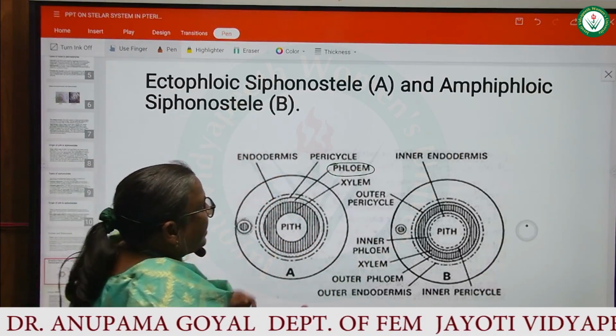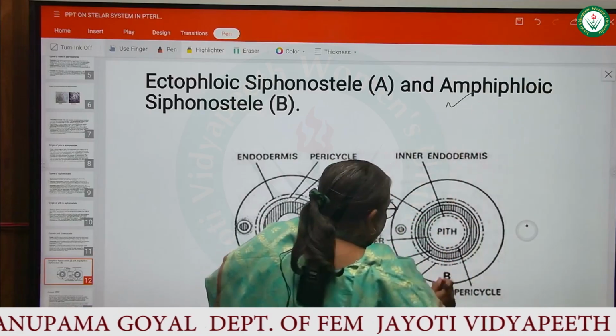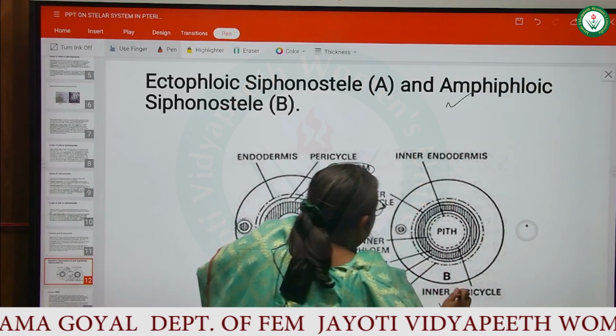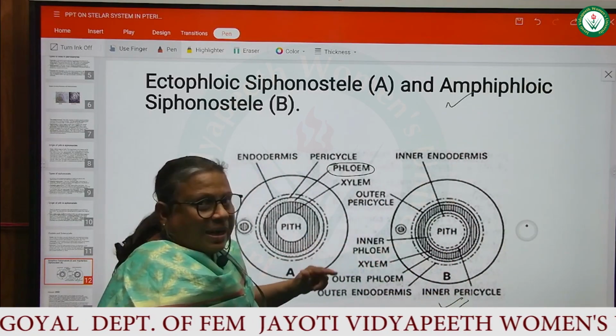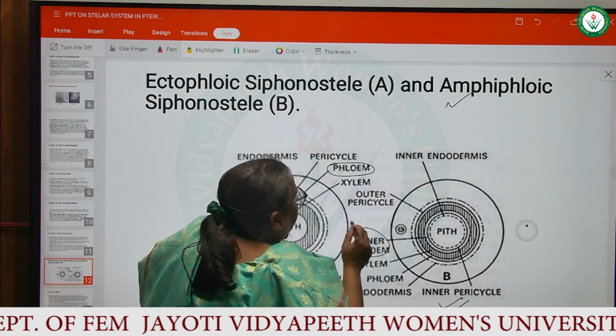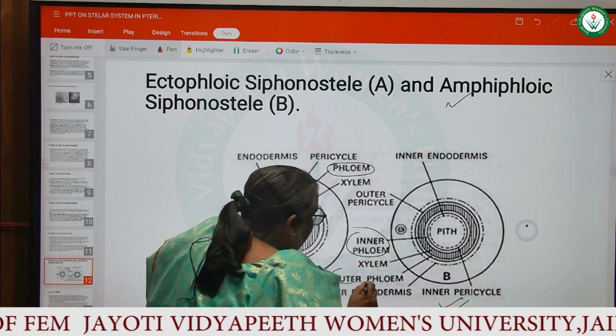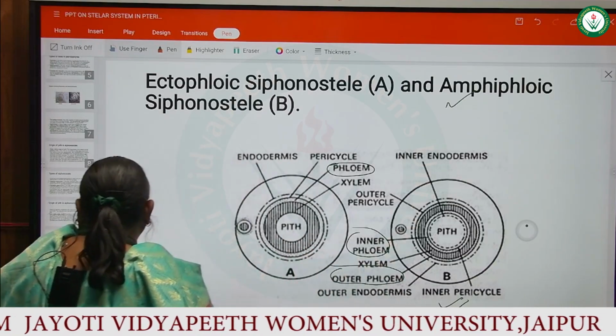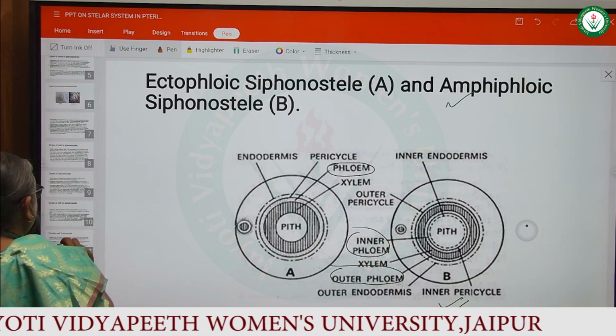And in diagram B, which is the diagram of amphiphloic siphonostele, xylem is surrounded by the inner phloem as well as by the outer phloem. So this is the siphonostele.